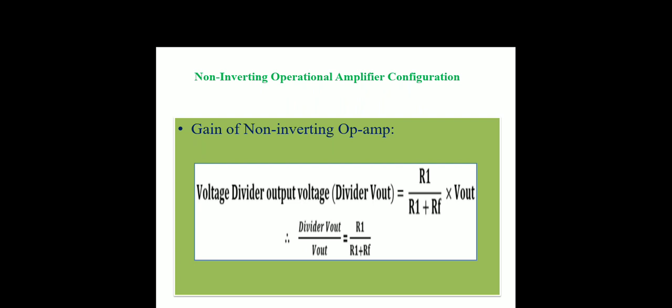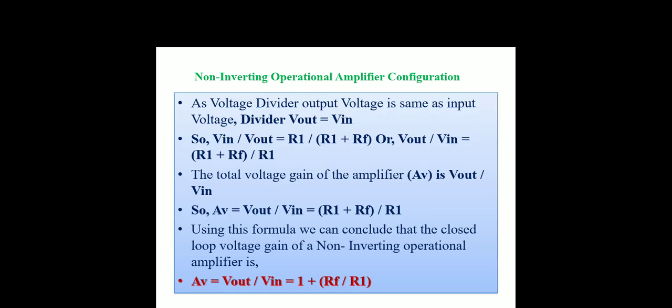Therefore, divider Vout divided by Vout is equal to R1 upon R1 plus RF. Here, the divider output voltage is the same as the input voltage. So, we can replace divider Vout with Vin.